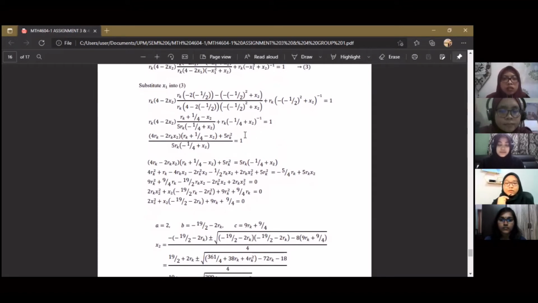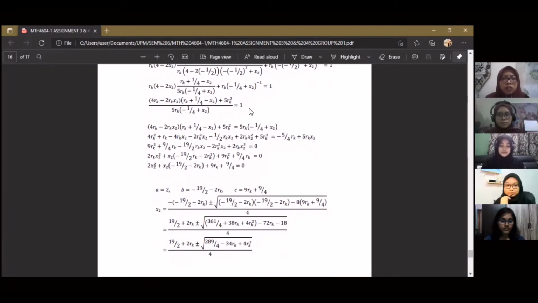Then we get 1 over RK, and we simplify it to 4RK minus 2RK x2 and RK plus 1 over 4 minus x2 plus 5RK square over 4RK minus 1 plus x2 equals 1.